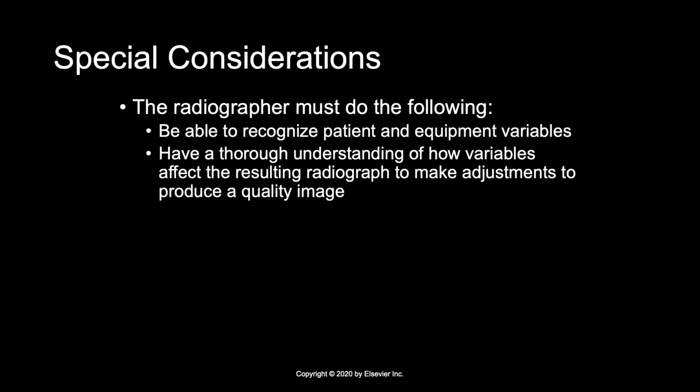Sometimes we have to use angles because the patient can't put their head in a certain direction for us, or they can't move their arm, depending on where you work. If you work in trauma, you are going to be critical thinking big time. And you're going to have to make all kinds of different adjustments to be able to get the image that you want from a patient with these special considerations. So we will talk about each one of these next.